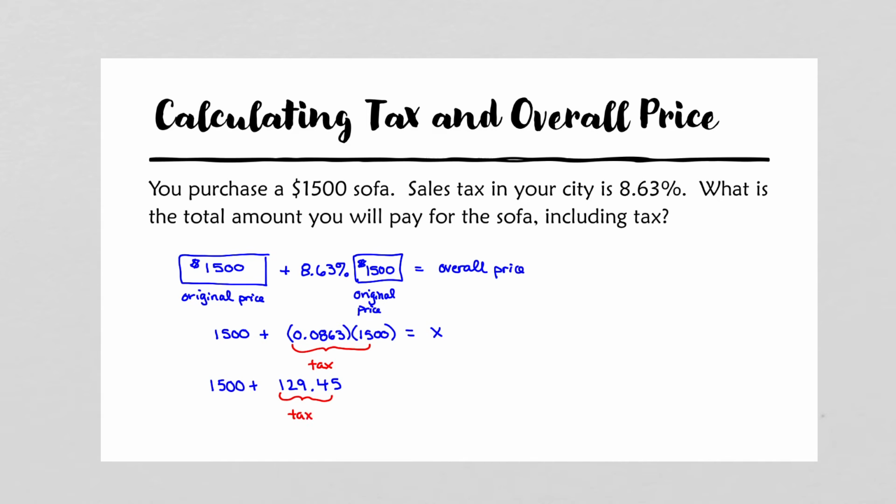If I then take that tax amount, $129.45, and I add it to my original price of the sofa of $1,500, that tells me that the overall price for the sofa, including tax, is $1,629.45.